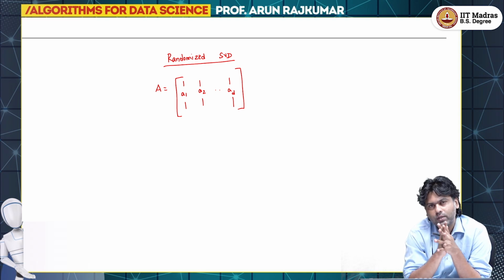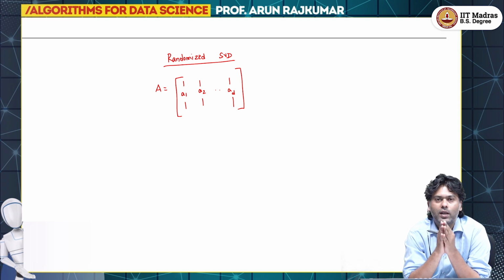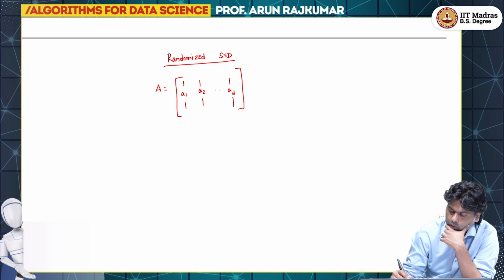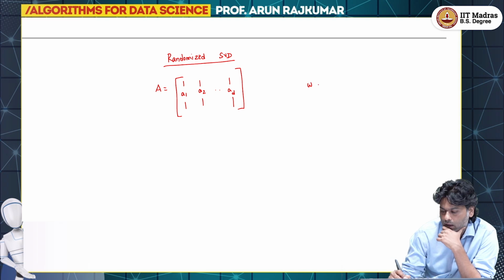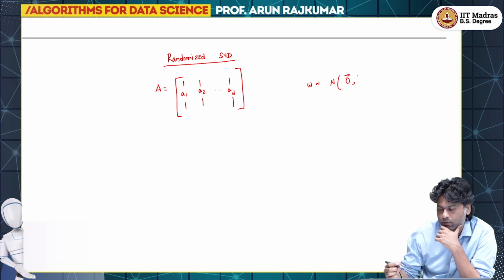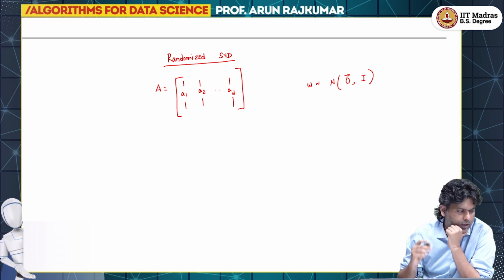So first let me try to understand what happens when I multiply A with a Gaussian vector. Let's say I have an omega which is standard Gaussian, with zero mean, meaning a vector of zeros, and identity covariance matrix.